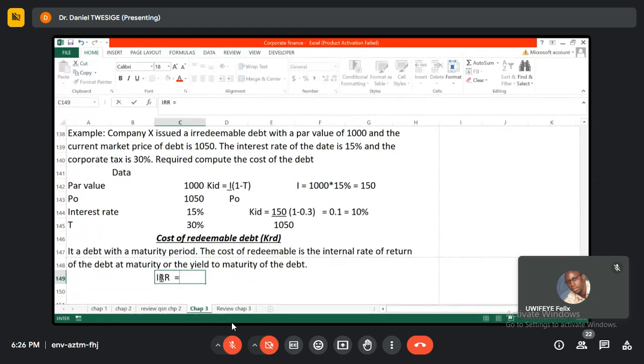Remember, we say IRR is equal to A%, plus NPV at A over (NPV at A minus NPV at B), then what I get here, I multiply by (B minus A).